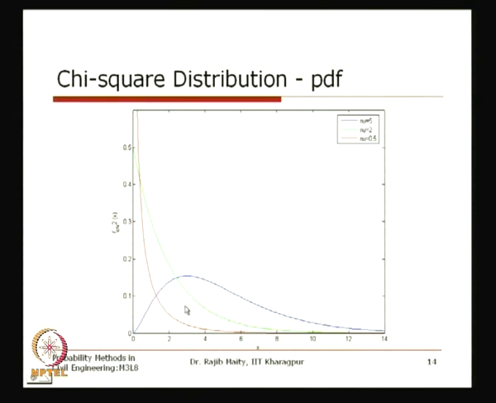Here we have used different values of nu, and we are showing that as nu increases, the distribution changes. The blue curve is for the maximum value of nu compared to the green and the red. So if the degrees of freedom increase, the distribution generally becomes more symmetrical.